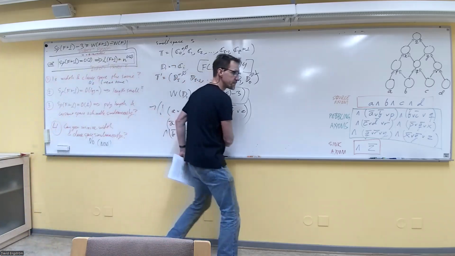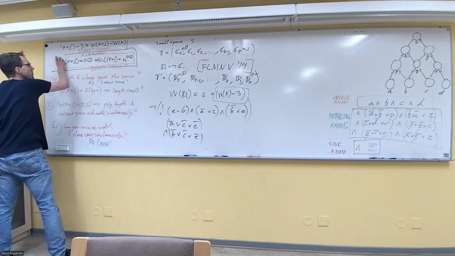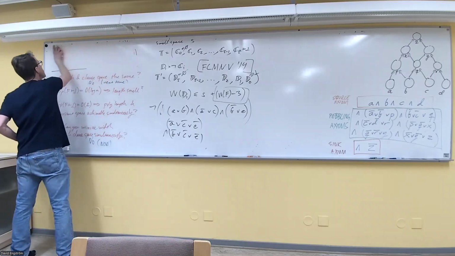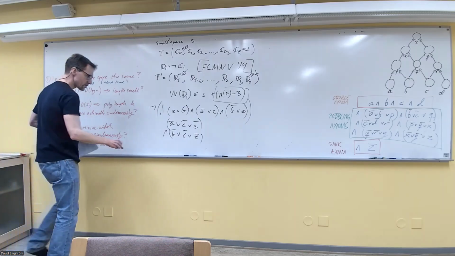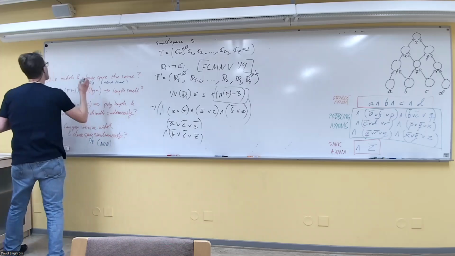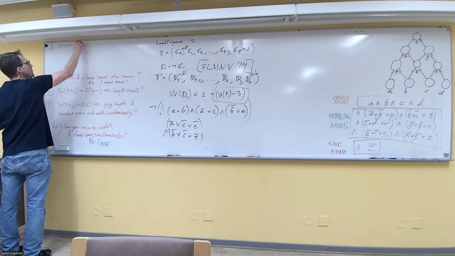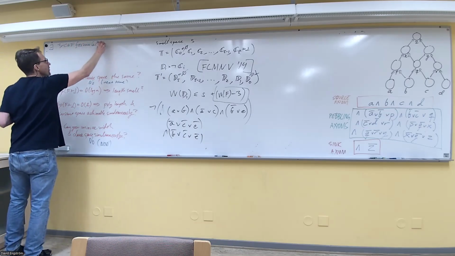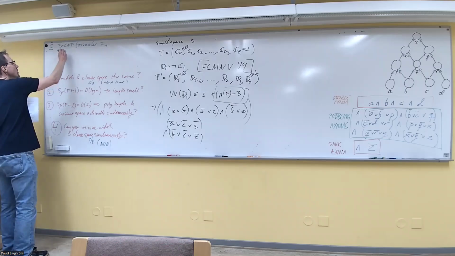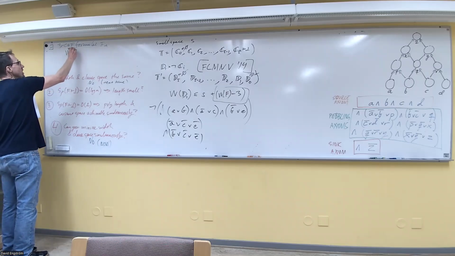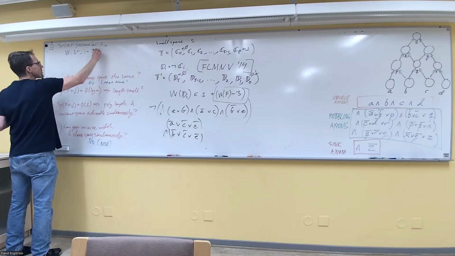So what are we going to see? Our goal is to prove that there exist 3-CNF formulas Fn, with a linear number of clauses and variables, such that the width of refuting Fn is constant.